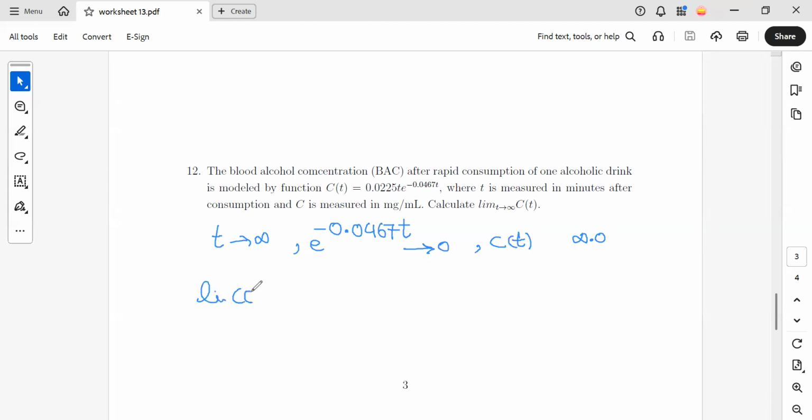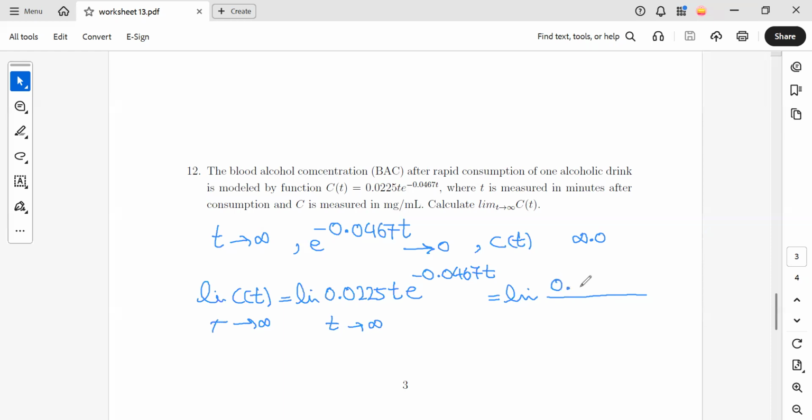So the limit of c of t when t is approaching infinity will be the limit of 0.0225 t e to the negative 0.0467 t when t is approaching infinity. In order to write it as a quotient, we can move the power to the denominator.